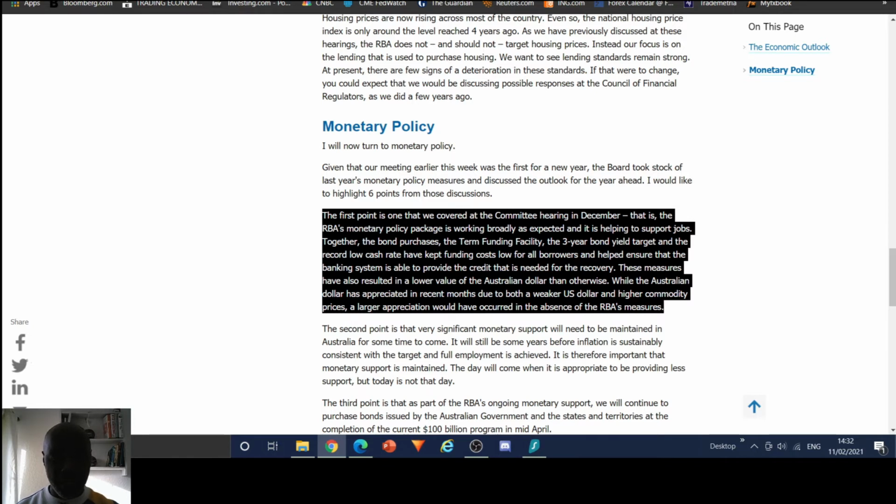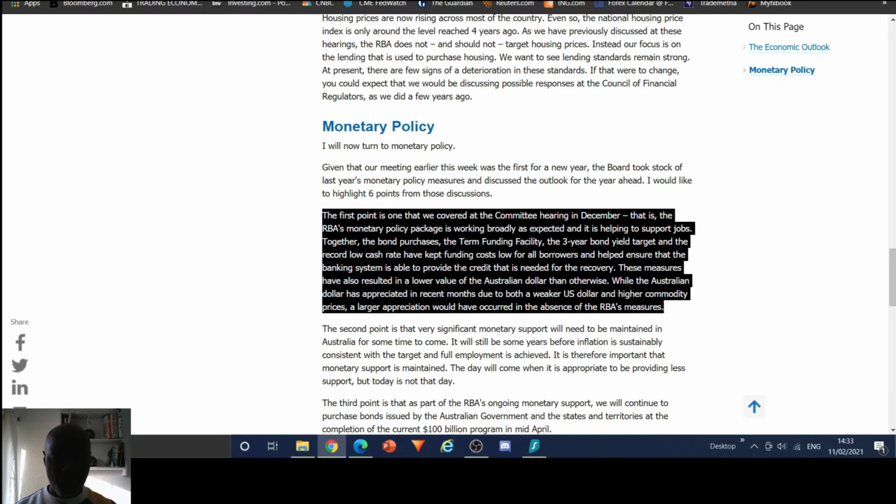That statement tells a whole story. What the RBA is saying is that all of these different things, bond purchases, term funding facility, the 3-year bond yield target, are resulting in keeping the interest rate low. There's a reason for that, which we're going to come back to in a moment, but I just wanted to home in on that point.